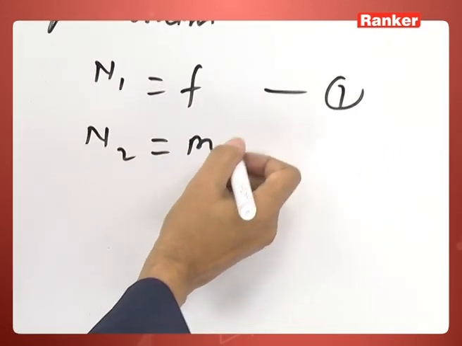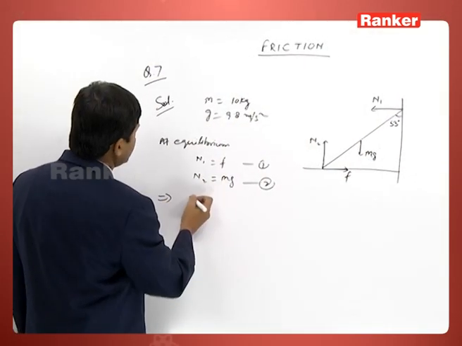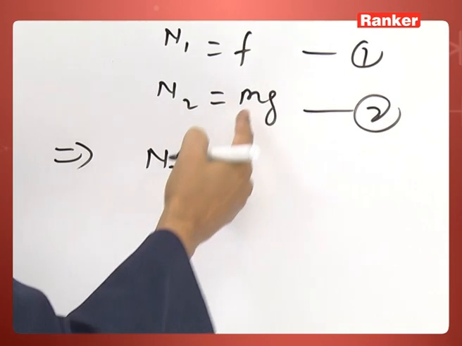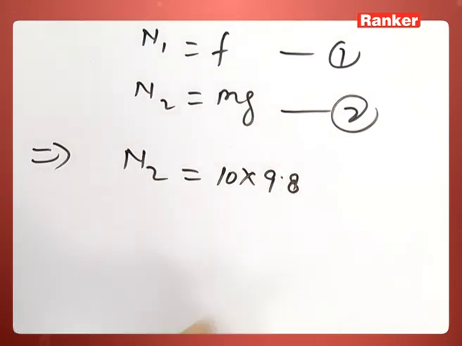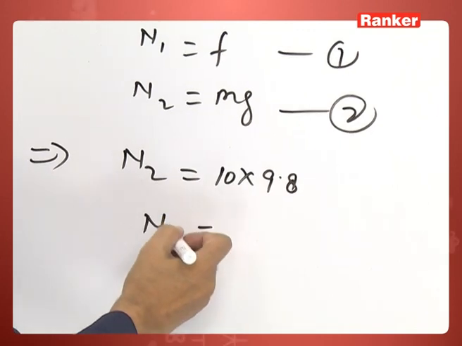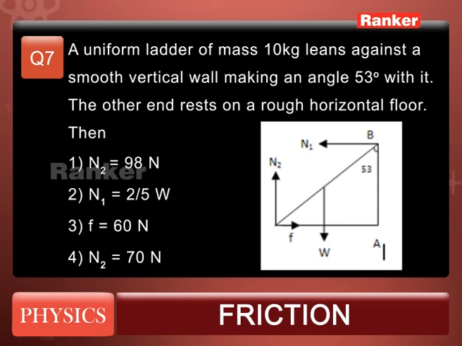N2 is equal to mg. Now substitute the value of m here. So N2 is, m value given 10, g 9.8. So N2 is equal to 98 Newton. The correct answer is option number 1 for question number 7.